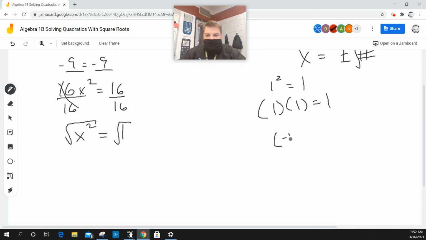But negative 1 times negative 1 also equals 1. So negative 1 squared also equals 1. So whenever you take the square root of something, there's always the positive and negative solution.